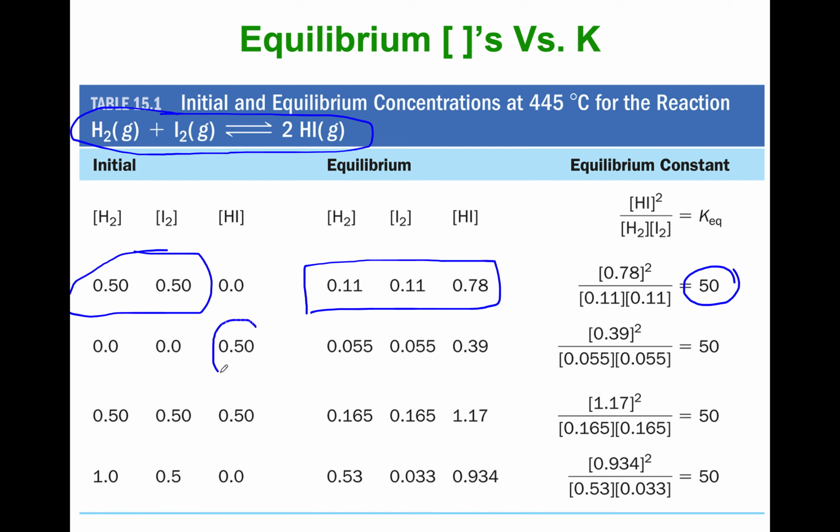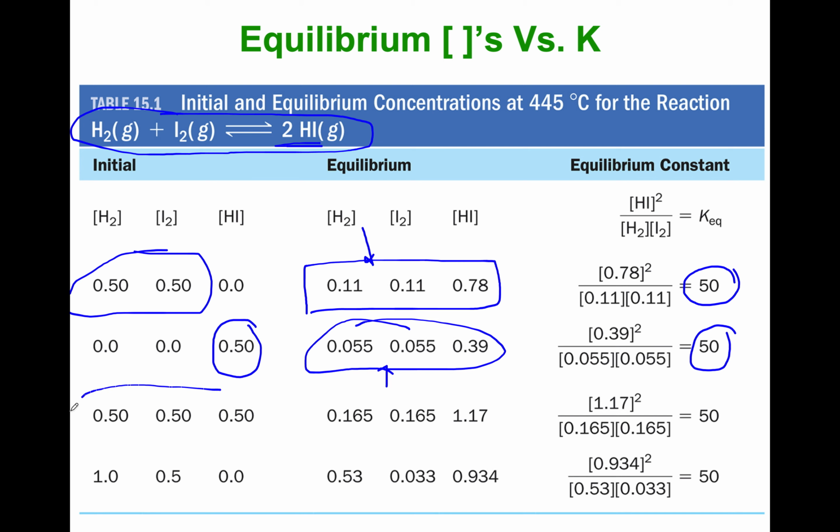Well, wait a minute, look at this. You could start with just the product. So you start with just HI. Now the actual reverse reaction happens. HI breaks up into hydrogen and iodine, and it forms a new set of numbers. Look, none of these numbers are equal to each other. I mean, this is equal to one another, this is equal to one another, but all three are not equal, so that's not equilibrium. But what is the key, what is the constant, is that you put those numbers in the same expression, you get 50.